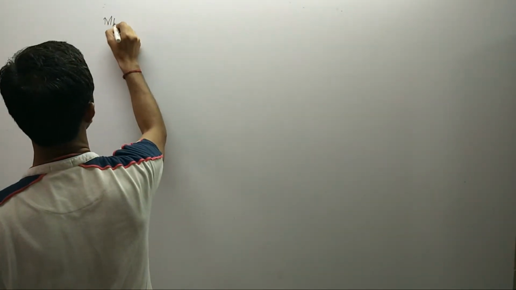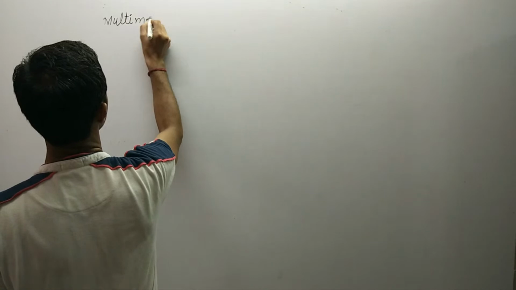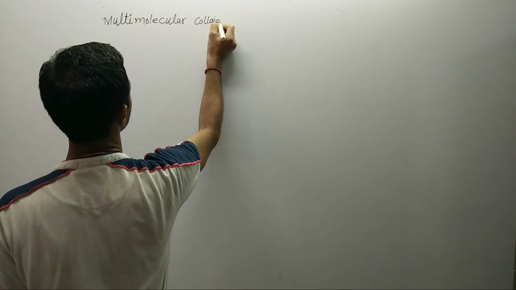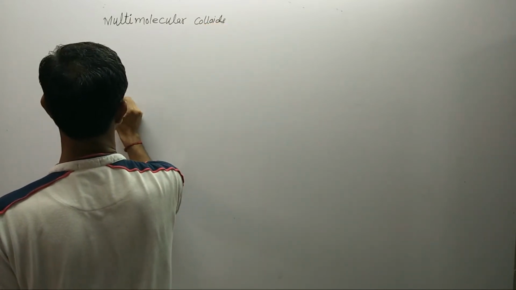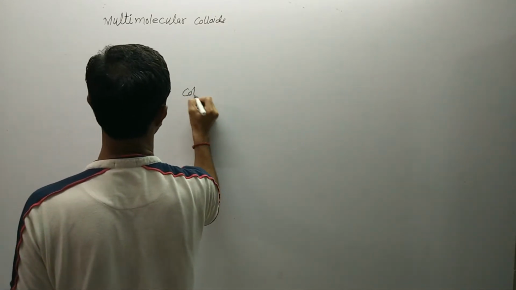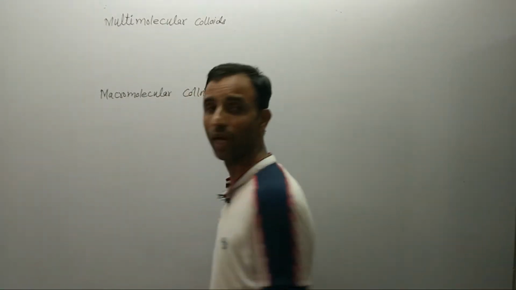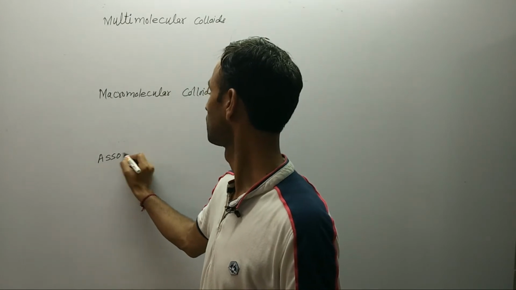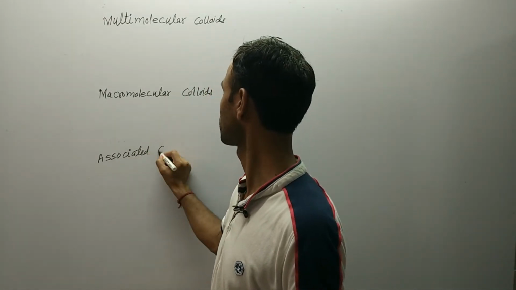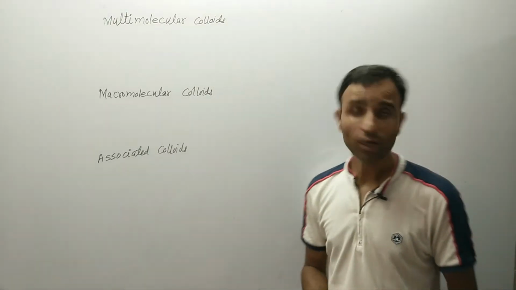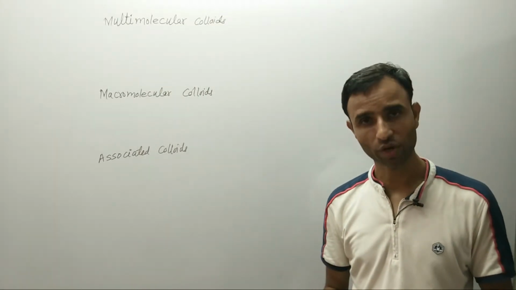So on the basis of type of particles, it is classified as multimolecular colloids, macromolecular colloids, and the last one is associated colloids. So what are multimolecular, macromolecular and associated colloids?